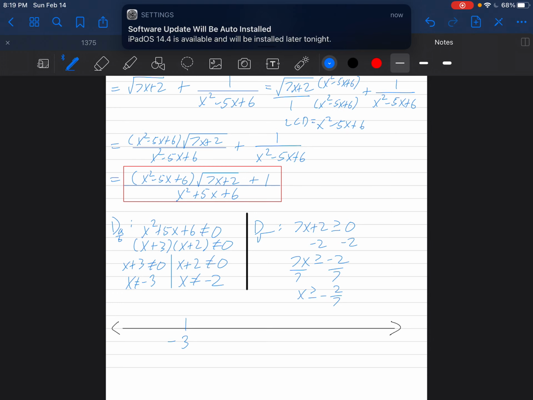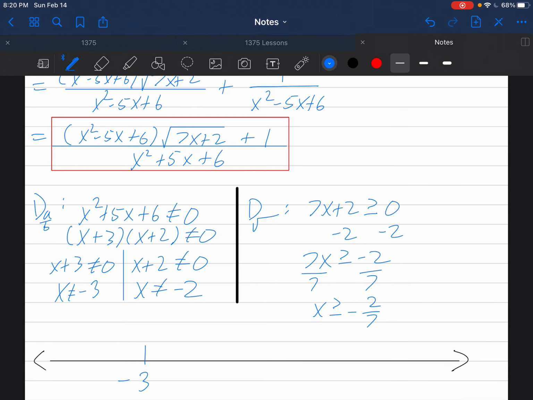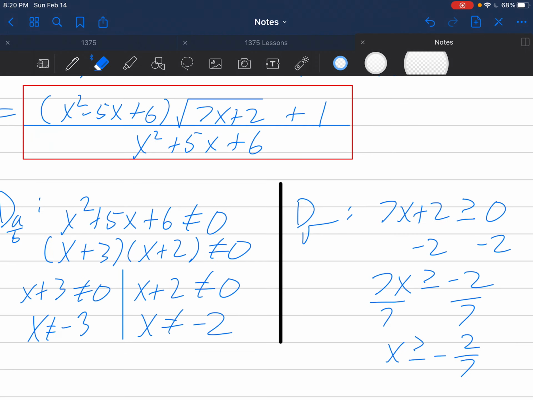Oh no, I messed up somewhere. This says x squared minus 5x plus 6. So if you are watching this video and yelling at the screen, how come it turned into a plus 5x? You are not wrong. I am wrong.